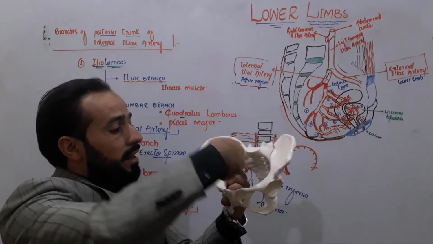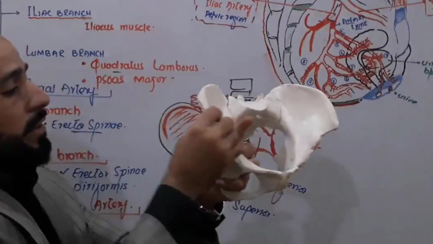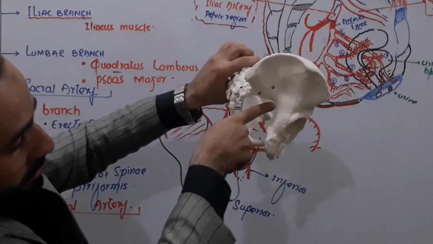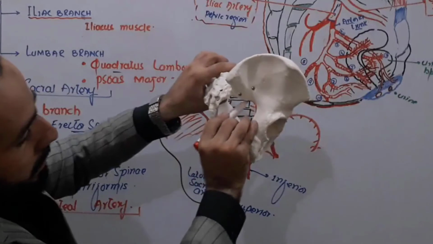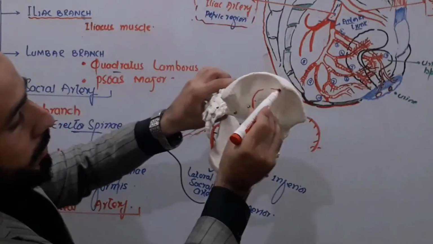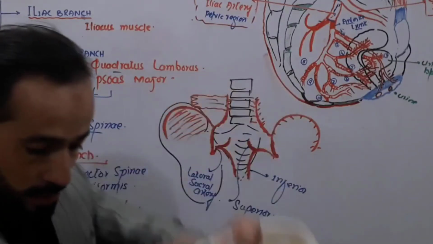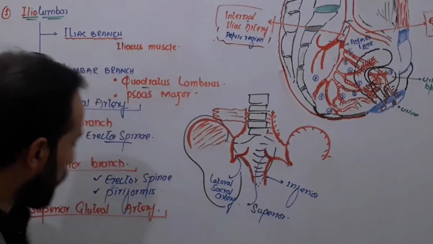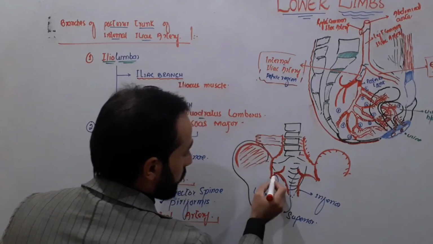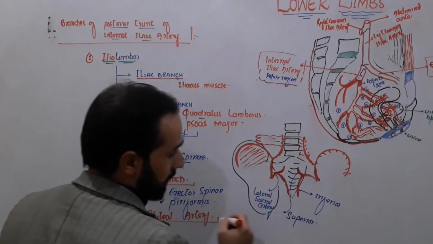And then there is another artery which separates from here and goes posteriorly to the greater sciatic notch. This is our greater sciatic notch. It comes like this, and at this point it divides into a deep branch and a superficial branch, right? So there is the superior gluteal artery, and this artery is also a branch of the posterior trunk of the internal iliac artery.